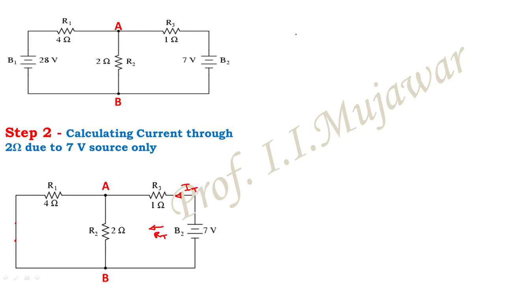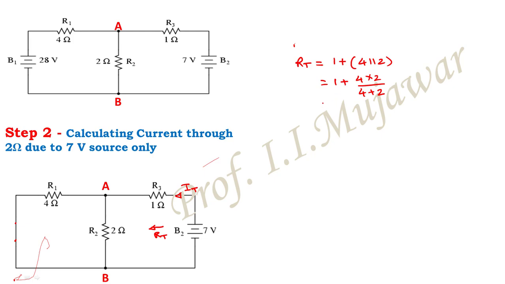So in the first calculation, the total resistance RT seen by the battery: now these 4 and 2 are in parallel, and that parallel combination is in series with resistance 1. So it is 1 plus 4 parallel 2. So this value is 1 plus 4 into 2 divided by 4 plus 2.